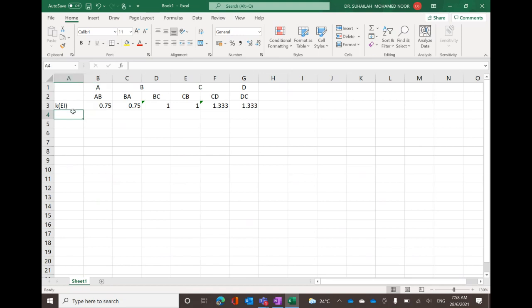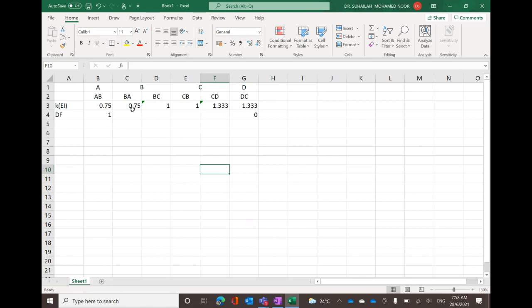So for a pin, the distribution factor is equal to 0.75 divided by 0.75, because it is the end of the structure. However, for a fixed end, the distribution factor is equal to 0 since it will be divided by infinity.